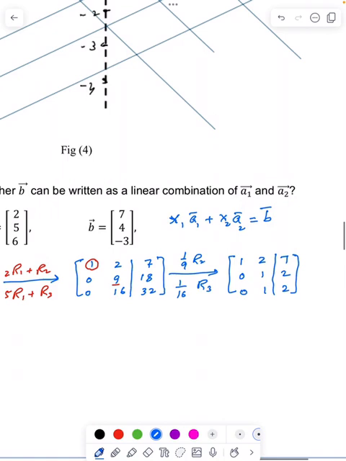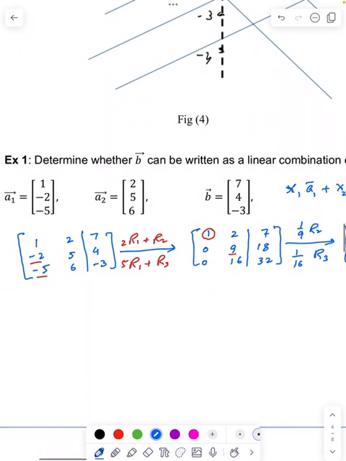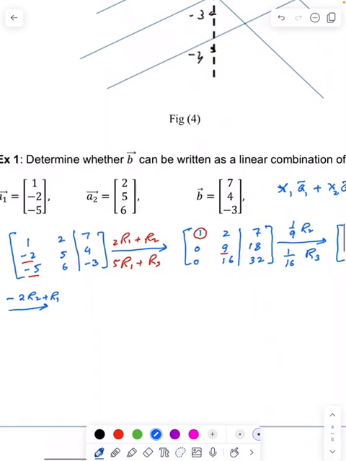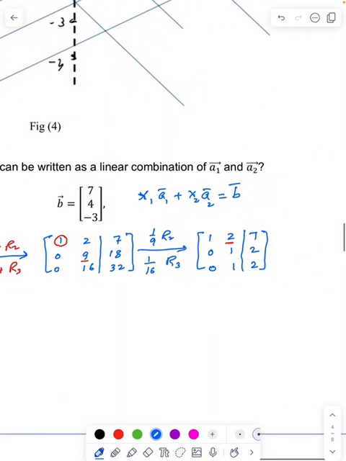The next step is to make this quantity a 0, and also I will need to make this quantity a 0 as well.